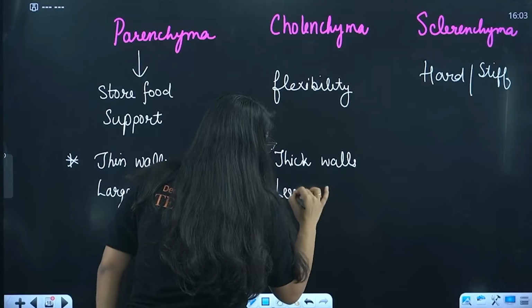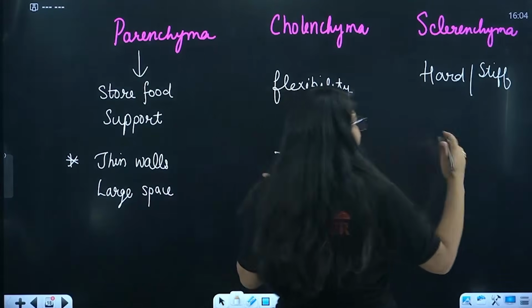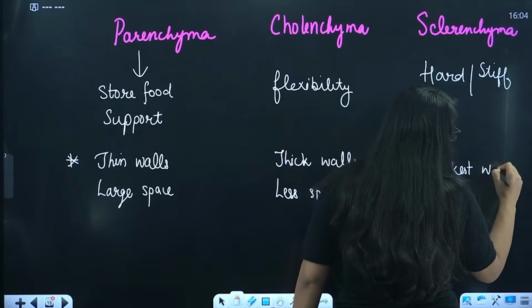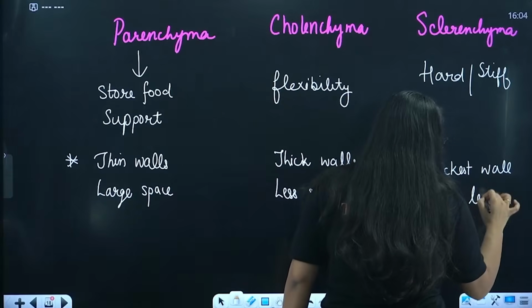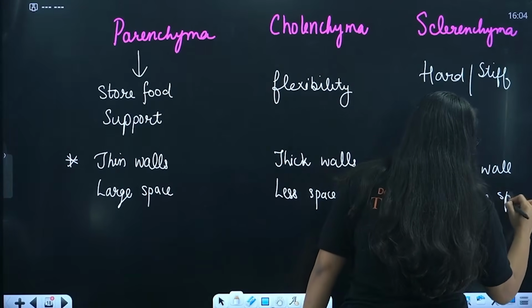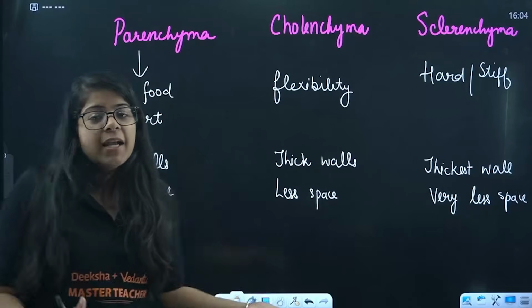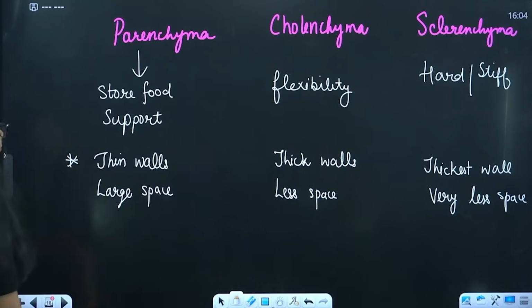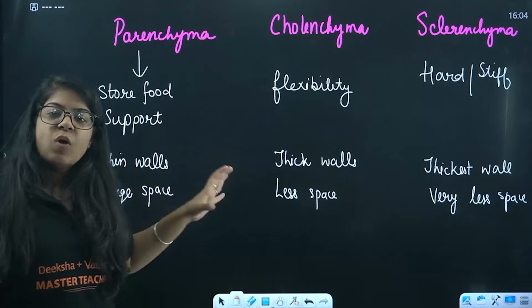Sclerenchyma has the thickest walls and very little space, because if the walls are thick, they occupy all the space. If walls are thin, there is a large space between cells. This is the main part you have to remember.